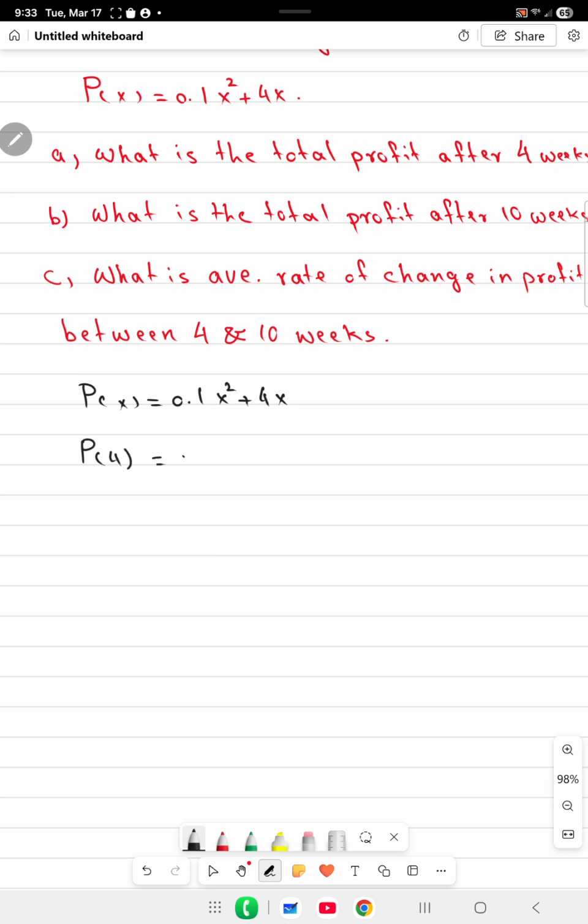P of 4 equals 0.1 times 4 squared plus 4 times 4.